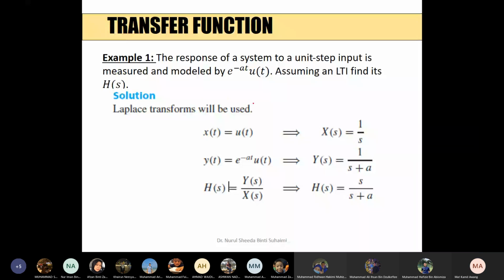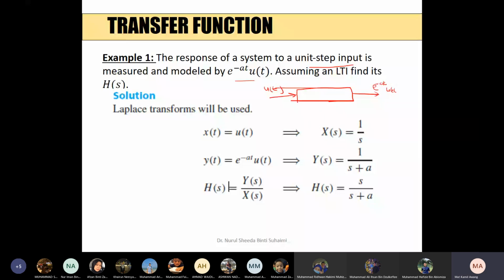So you have the input, and you have the output. The input is u(t), this unit step input, and the output is given by e to the minus at u(t).